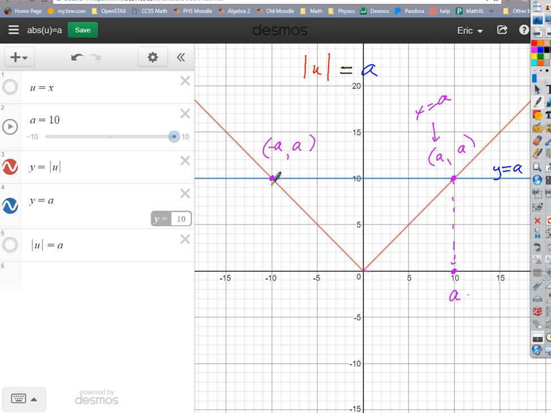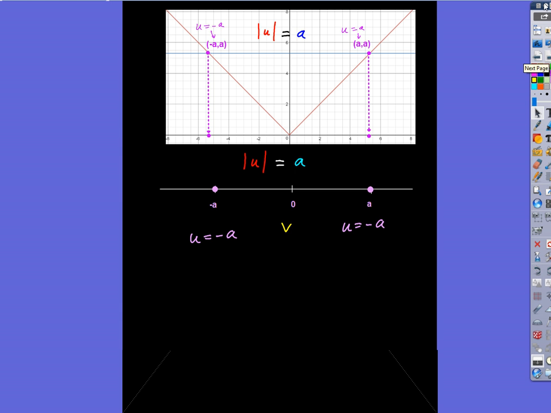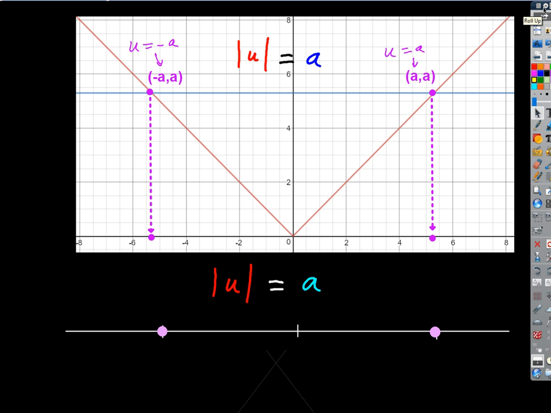The other one is down here, right, at negative a. That's it. Those are the two solutions, right? It's always going to be that way. Here's a little summary of what we just did. Okay, that makes sense? So the absolute value of u equals a when we end up at these 2 points.